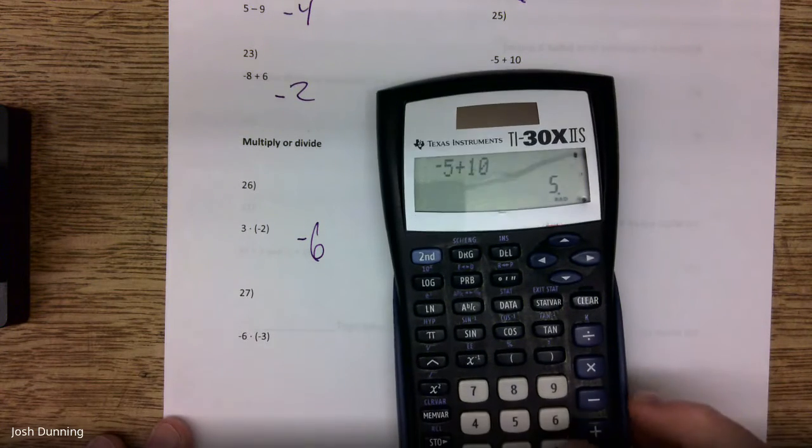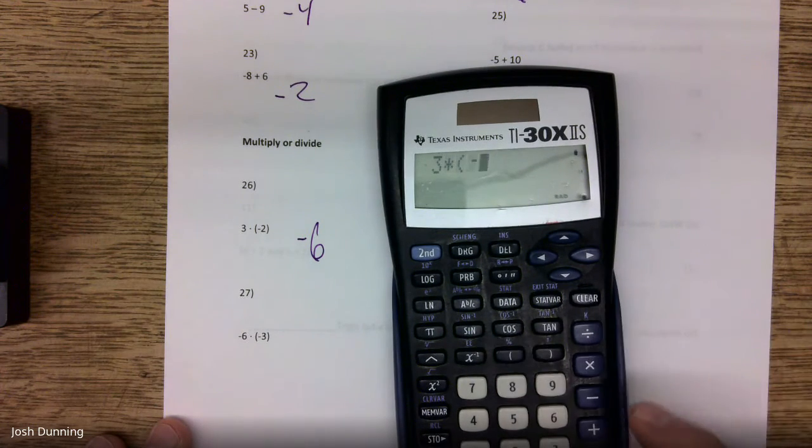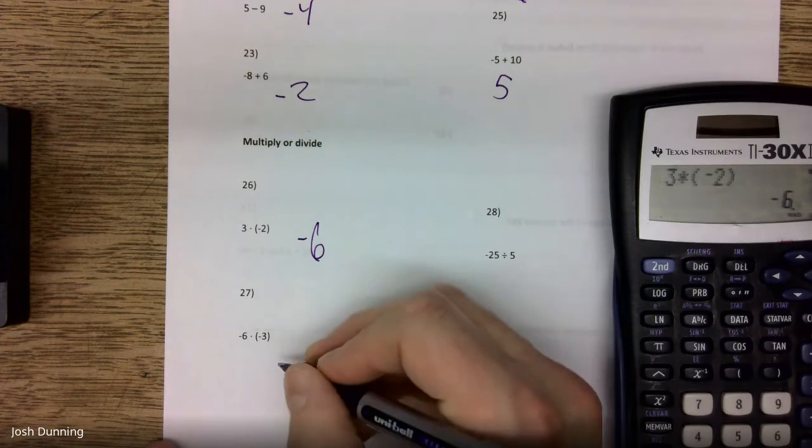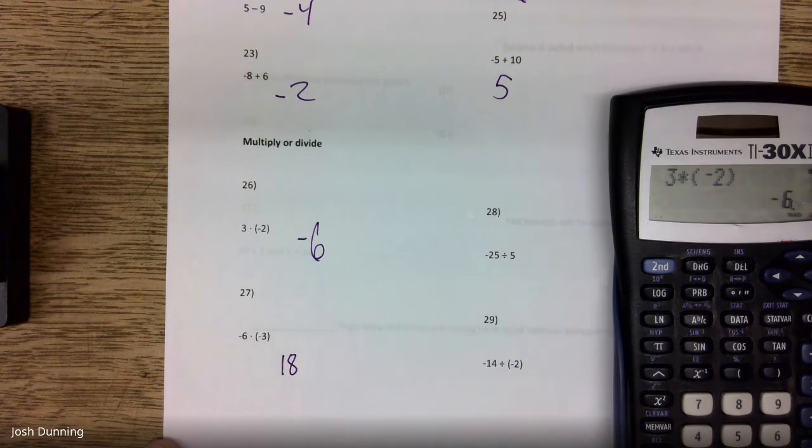You can absolutely type that in. There we go. 27, if they're the same sign, they're both negative, you're going to get a positive. 6 times 3 is 18.